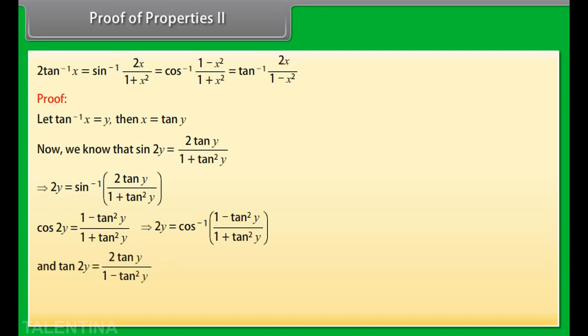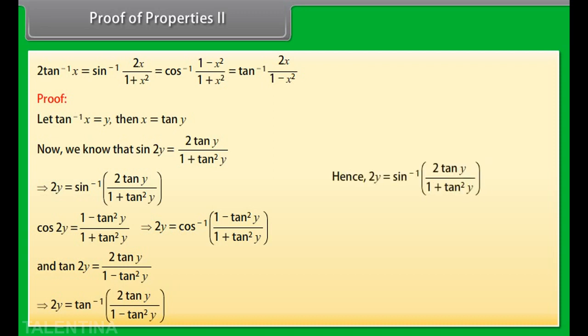And tan 2y is equal to 2 tan y by 1 minus tan square y. It implies that 2y is equal to tan inverse 2 tan y by 1 minus tan square y. Hence, 2y is equal to sin inverse 2 tan y by 1 plus tan square y, which is equal to cos inverse 1 minus tan square y by 1 plus tan square y, is equal to tan inverse 2 tan y by 1 minus tan square y.